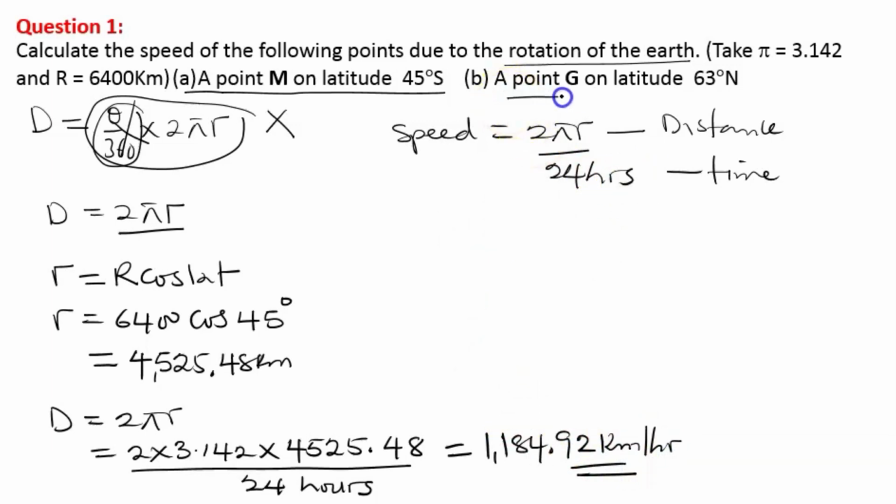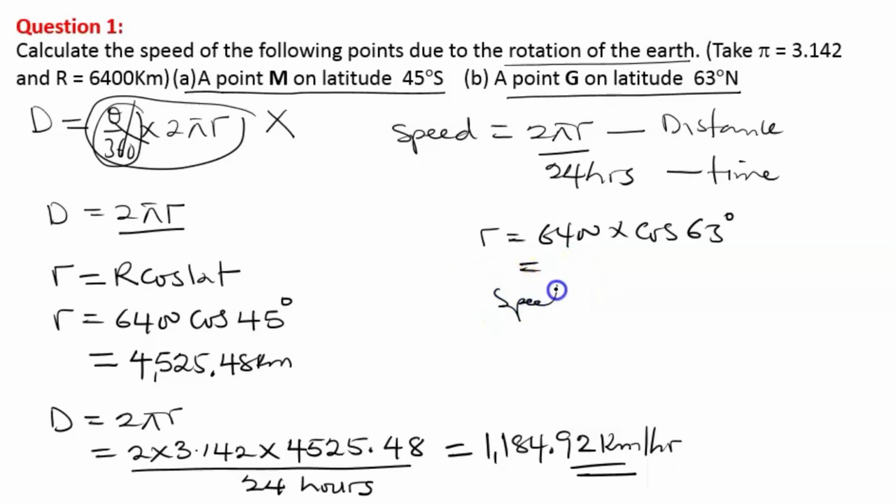Now I bring the one for question B, which is something we can easily undo. The first thing to do is to say 64 multiplied by cos of that latitude, which is 63 degrees. Since we are asked to calculate speed, the distance is 2 pi r.